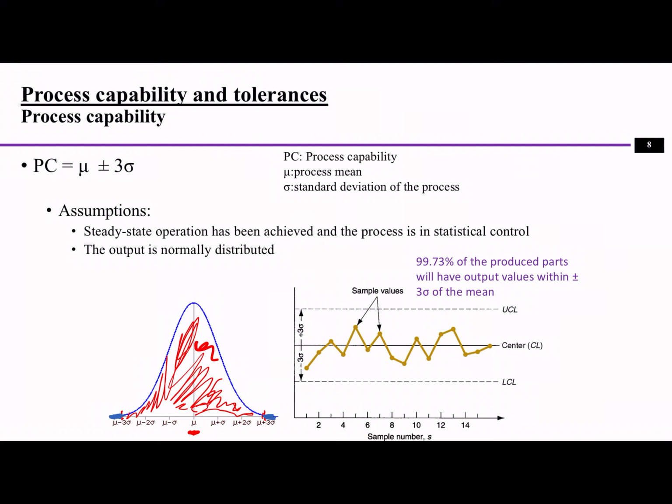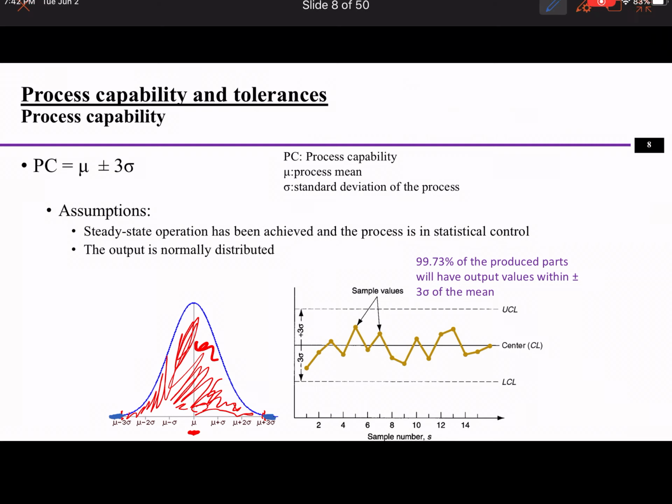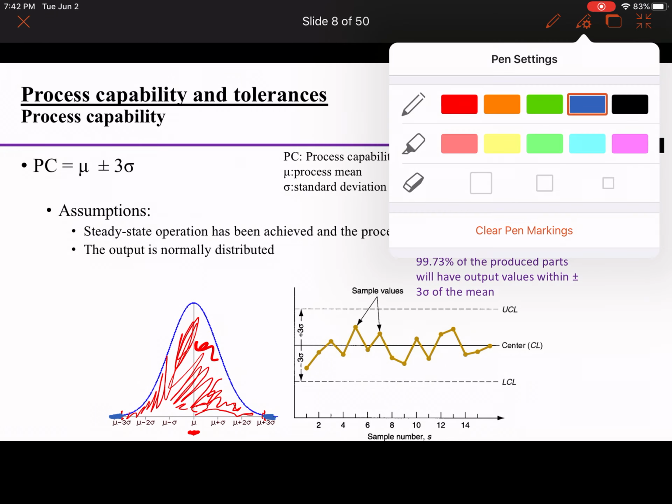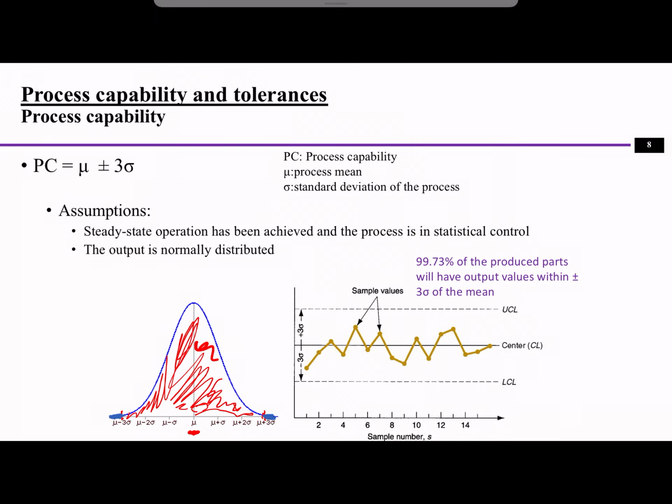So only those are bad parts, and all the rest are good parts. Within this limitation we call it 3 sigma: 1 sigma, 2 sigma, and 3 sigma. Usually 3 sigma covers about 99.73% of the produced parts, which means it's a really high rate of good parts.